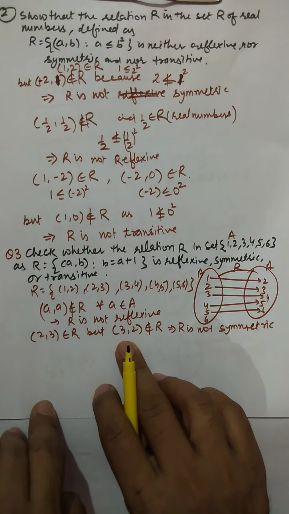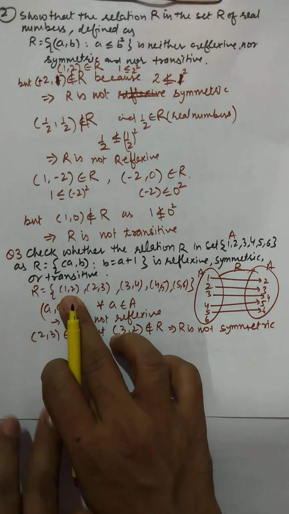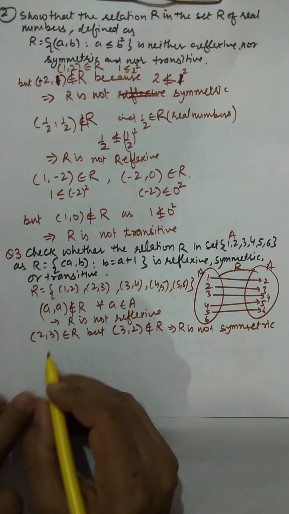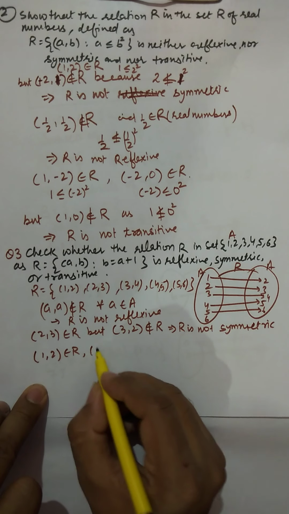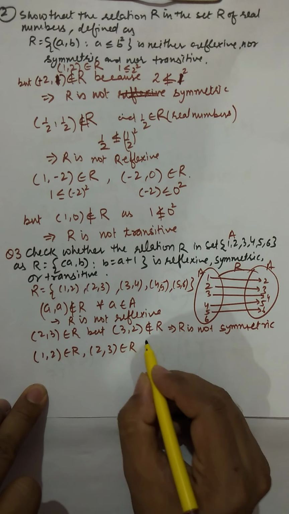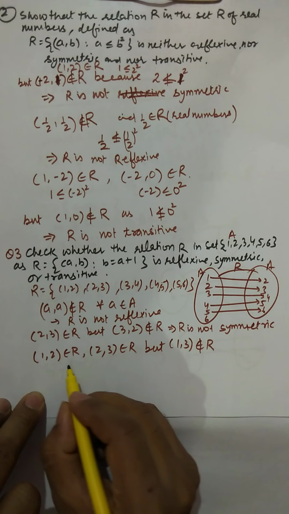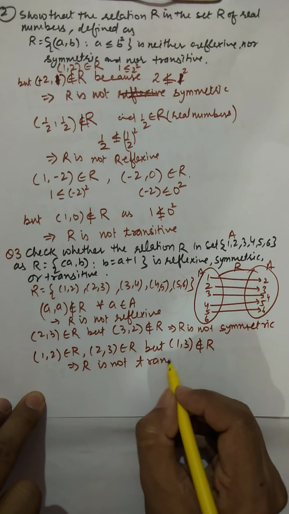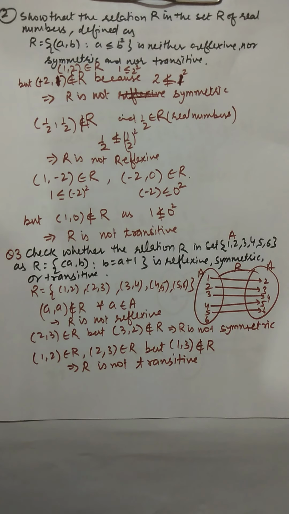For transitivity we have to see that (1,2) belongs to R, (2,3) belongs to R, but (1,3) does not belong to R. So we can take this as a simple example: (1,2) belongs to R, (2,3) belongs to R, but (1,3) does not belong to R. It means R is not transitive. So this relation is neither reflexive, nor symmetric, nor transitive.